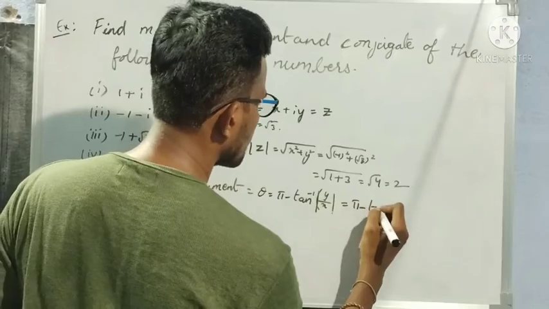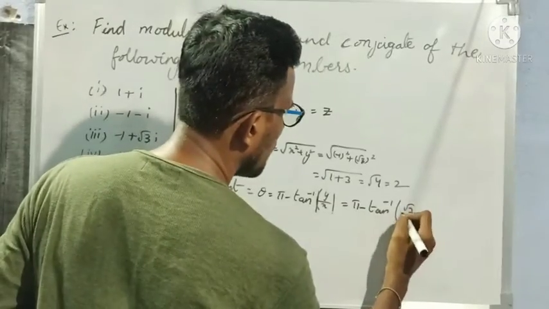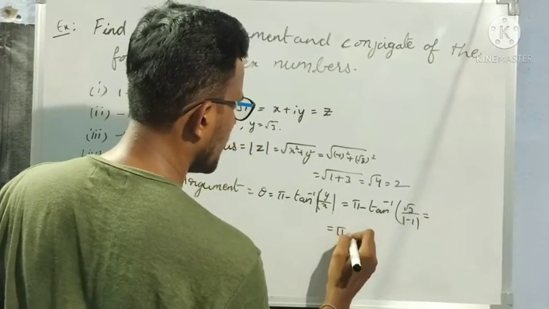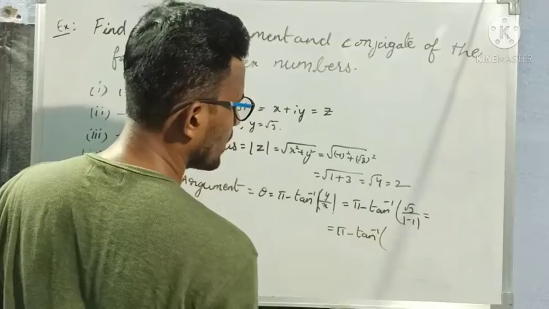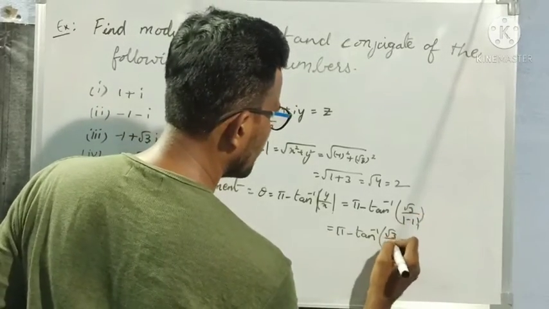So pi minus tan inverse of y value root 3 by modulus of minus 1. So that is equal to pi minus tan inverse of root 3 by 1, which is nothing but root 3.